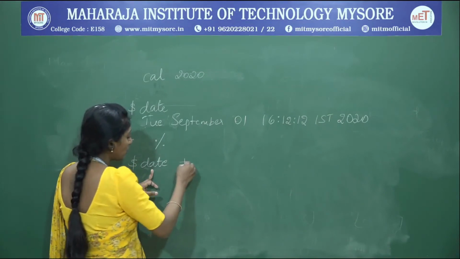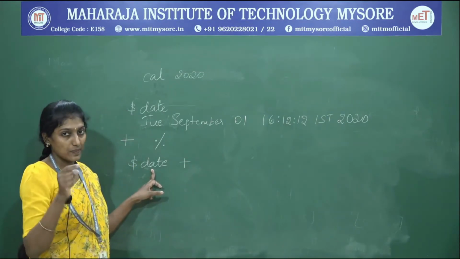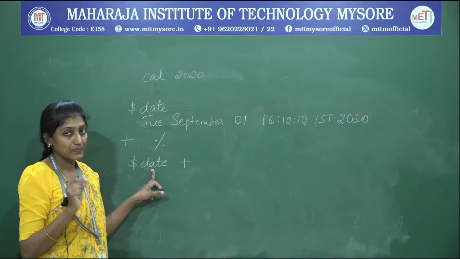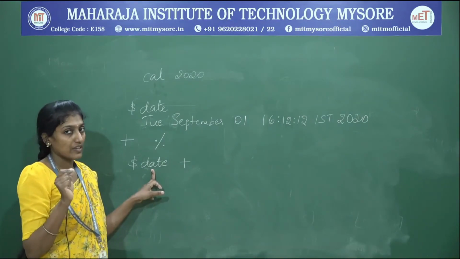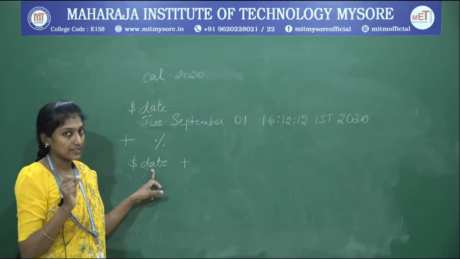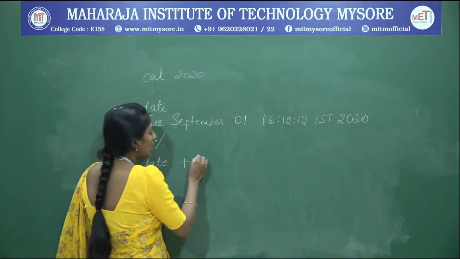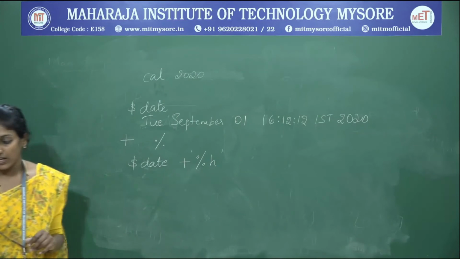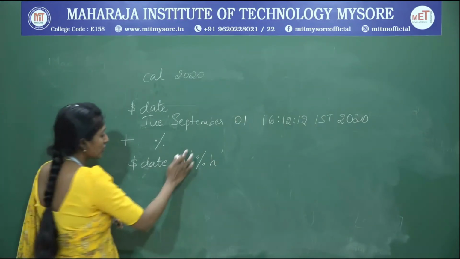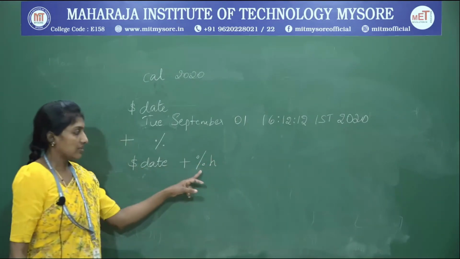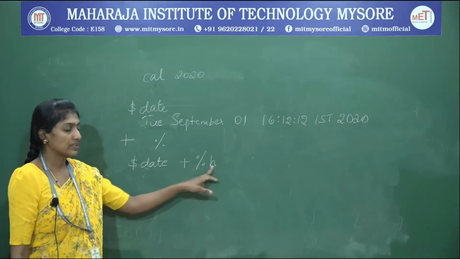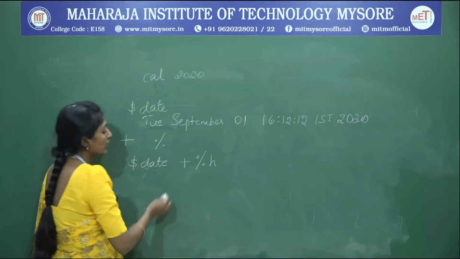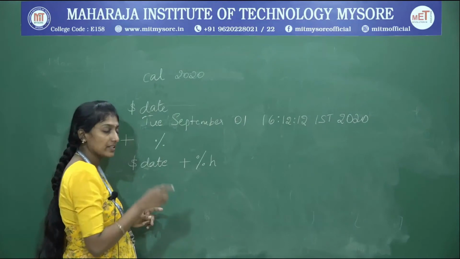So date followed by, if I want to display just the month name, I am going to use, not a single quote, you have to just use percentage H. This is going to let me know the current month.